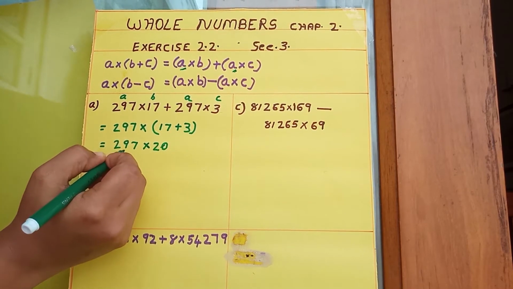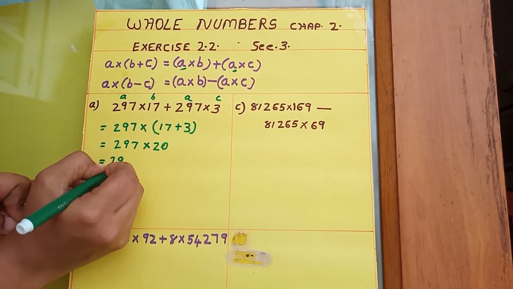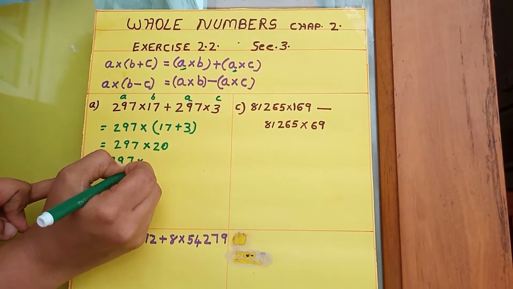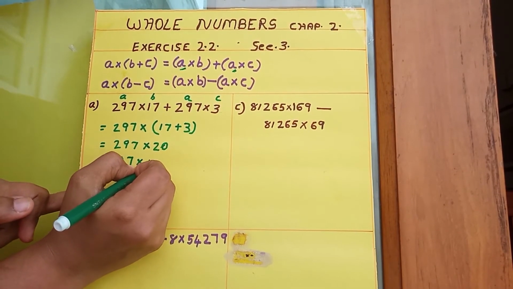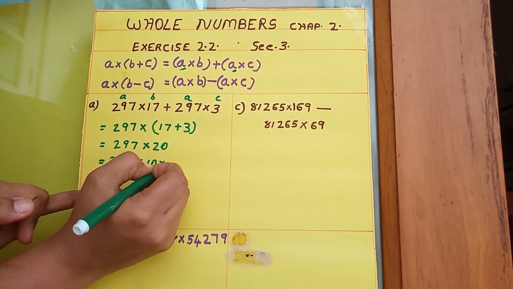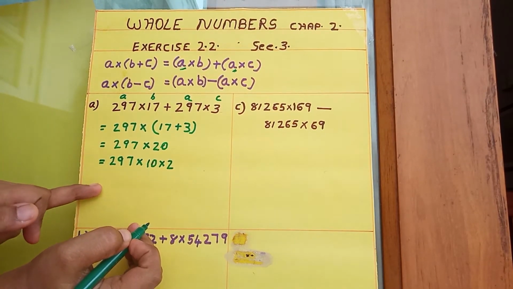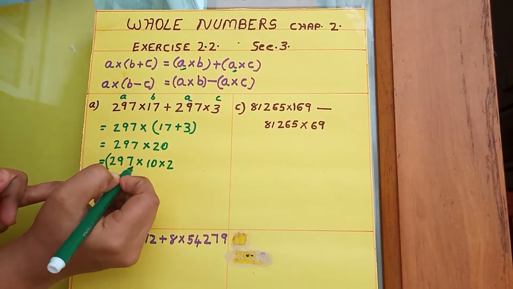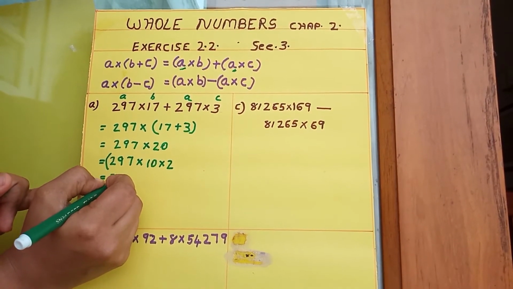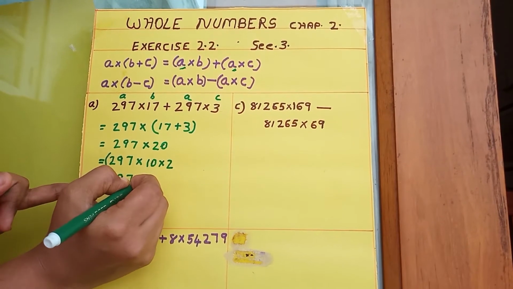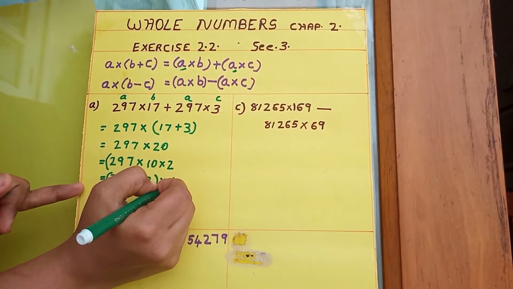That means you can do one more thing here. 297 into 20, you can write 20 as 10 into 2. If you want, you can apply the associative property here: 297 into 2 into 10.